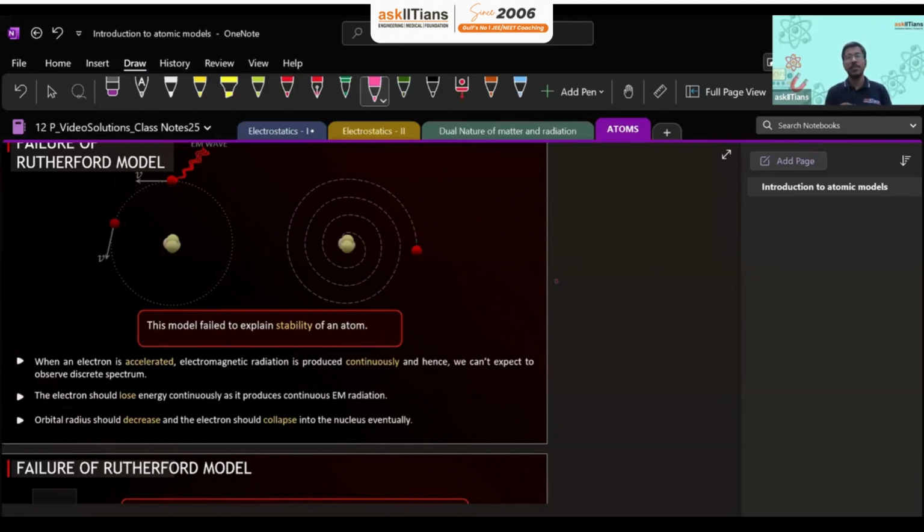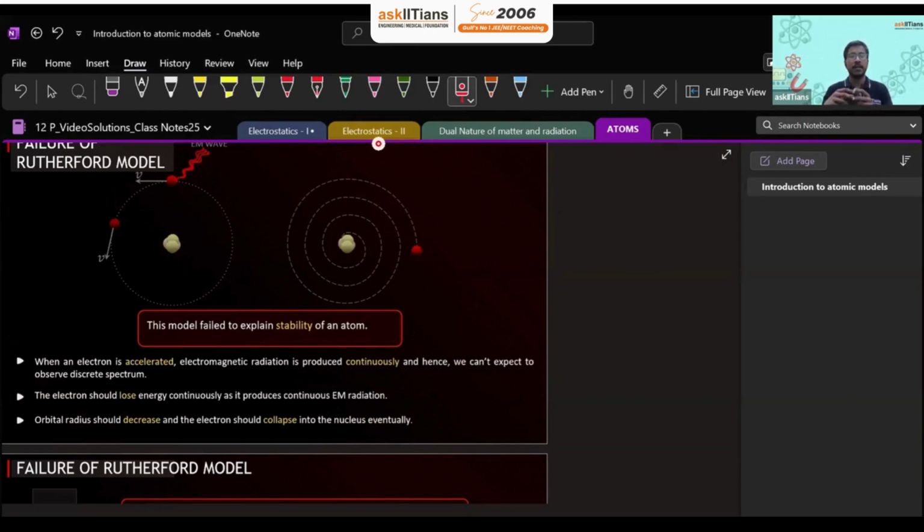But the problem is, if they lose some energy, they can move to a lower energy state. That means if an electron revolving in this circular path, because of its constant acceleration, loses some energy, it will move to a lower energy orbit. That means it will move along this path. So the radius is different here, the radius is smaller here.